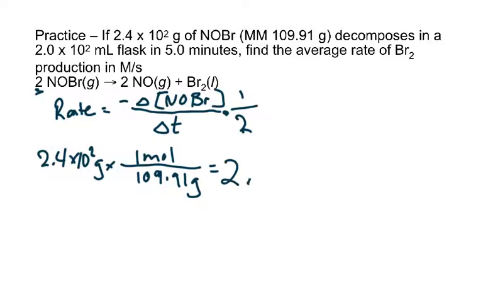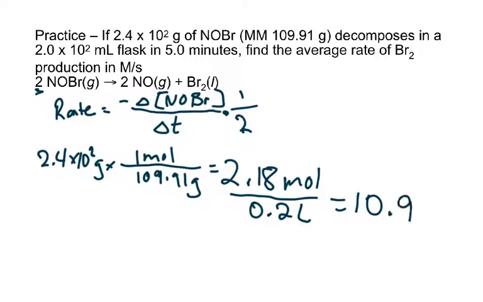So I have 2.18 moles, and it is fully decomposing, and it's in a 2 times 10 to the second milliliter flask, so that is a 0.2 liter flask. So I can find my molarity is 10.9 molar.